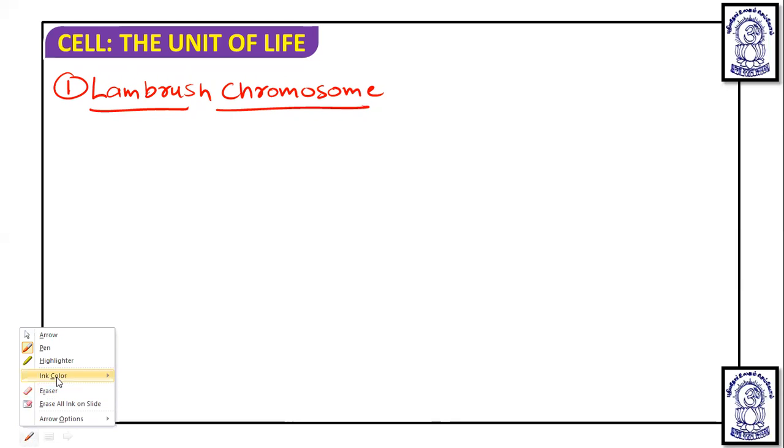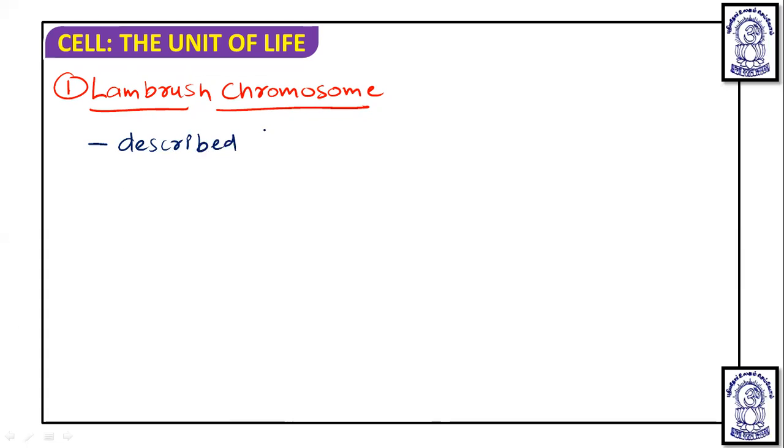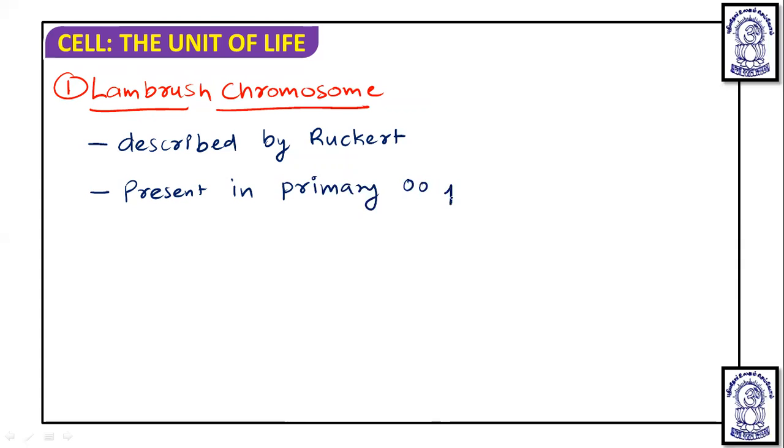Okay, if we talk about this Lampbrush chromosome, it was described by Rückert. First, about its location: it is present in the primary oocyte nucleus of vertebrates as well as invertebrates. The oocyte is the cell which is going to undergo oogenesis.